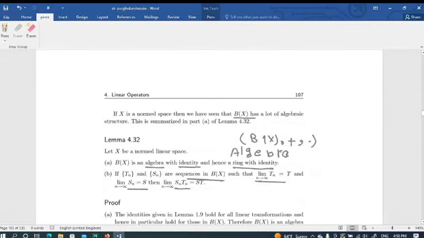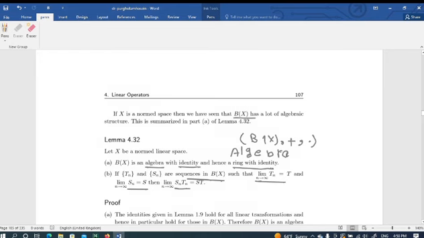Now we have this lemma, but before this lemma, we should say what an algebra is. When we say that this is an algebra, it means that this set has two operations, the addition operation and the dot operation.